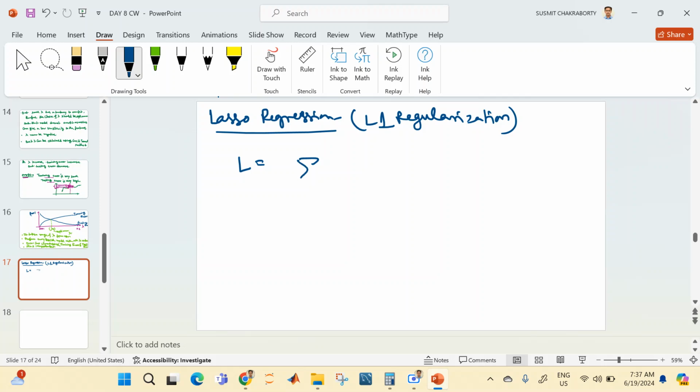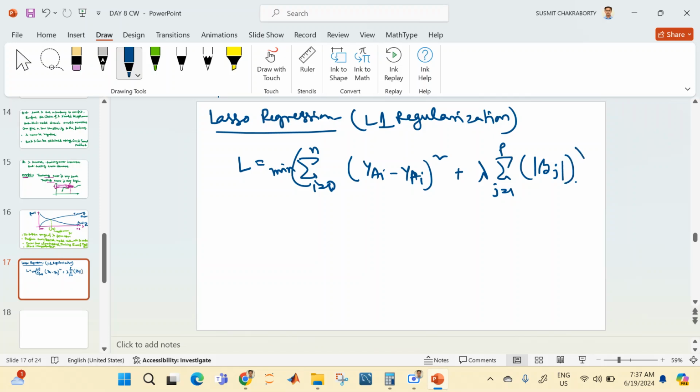Loss function L equals minimum of summation i equals 0 to n of (yi minus ypi) squared plus lambda times summation of j equals 1 to p of mod of beta j. So this is the formula. Initially for ridge regression we used beta squared, and here we use only mod of beta. So this is for the lasso, and everything remains the same.